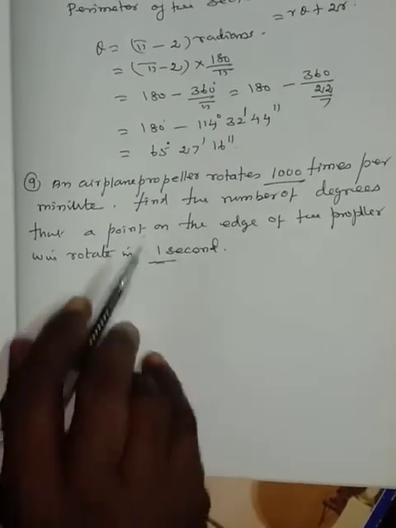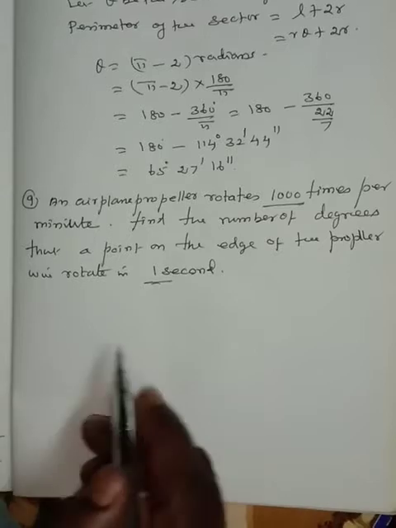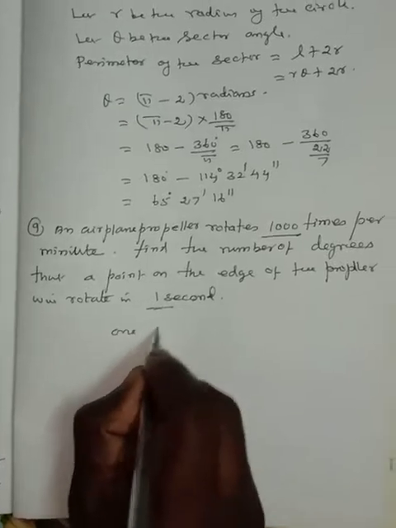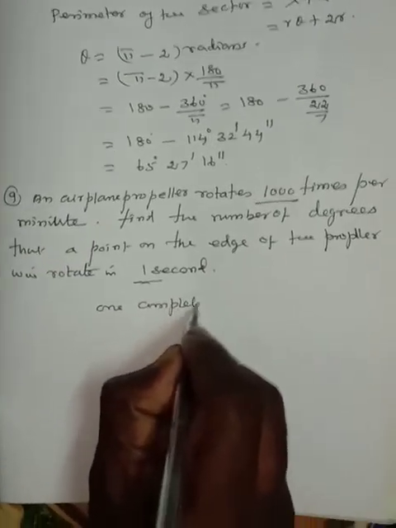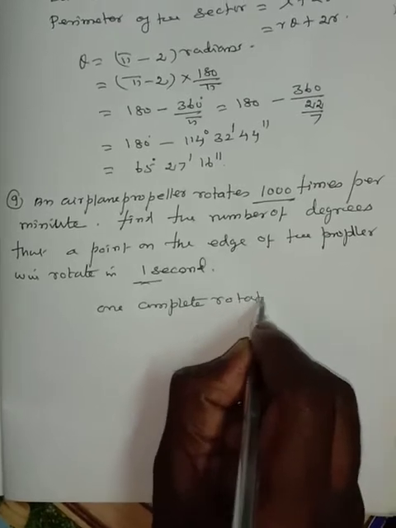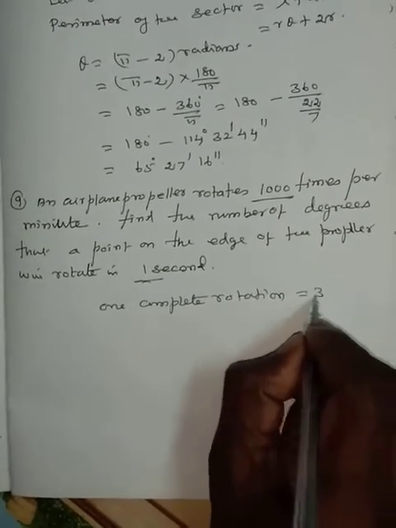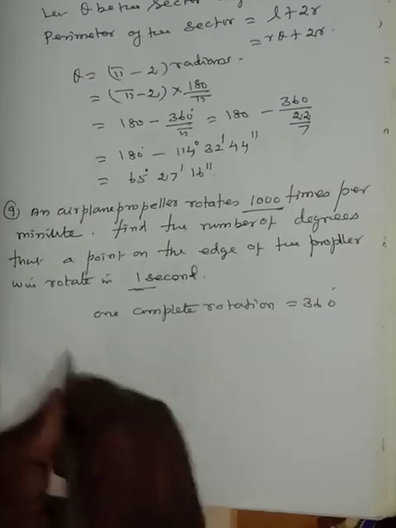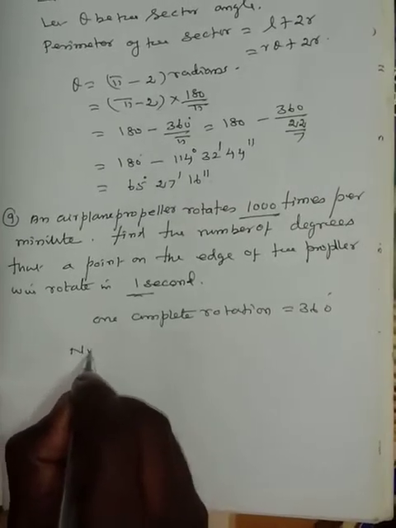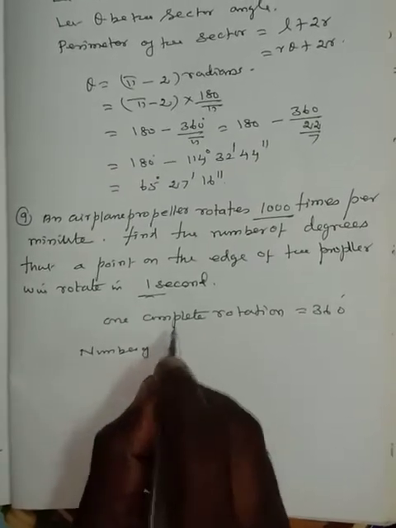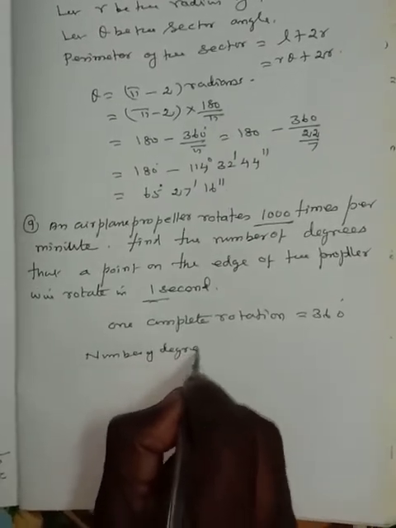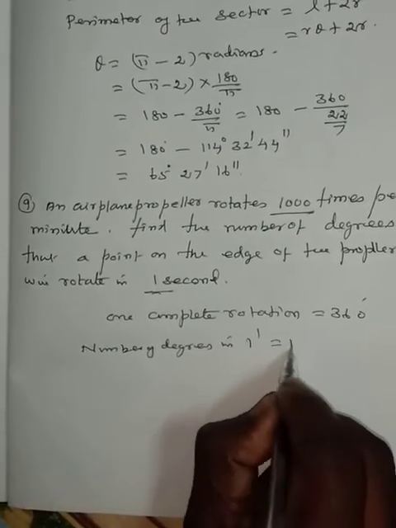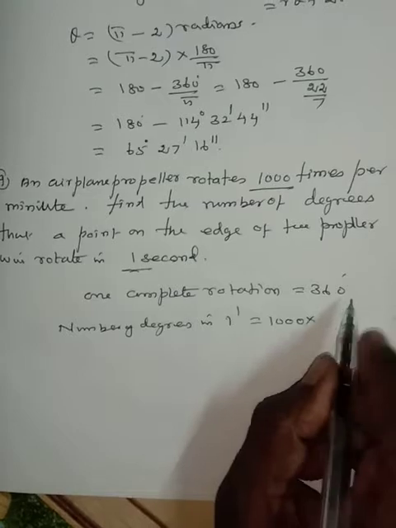First, one complete rotation is equal to 360 degree. Number of degrees in 1 minute is equal to 1000 into 360.